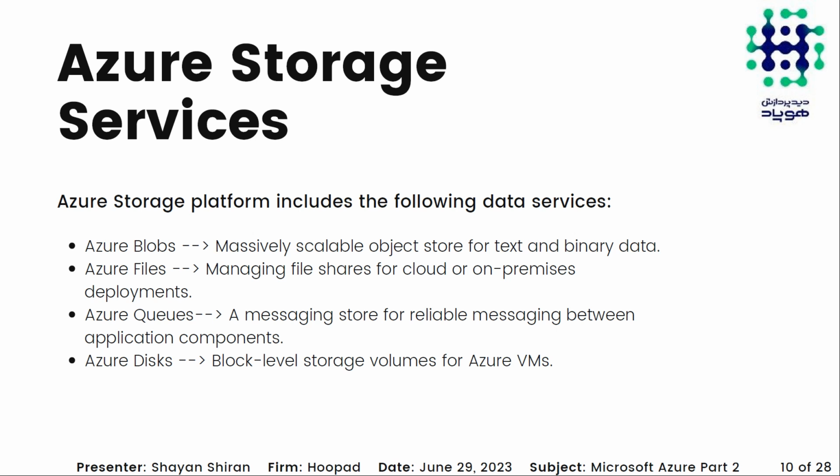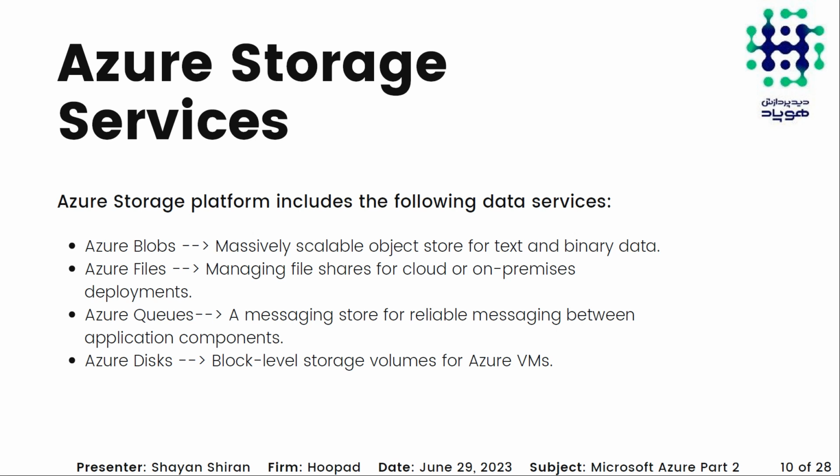Azure blobs are a massively scalable object store for text and binary data, and they can be used for big data analysis, which Microsoft also recommends for this kind of service. And it uses another service. I just don't remember the name right now, unfortunately. But let's go to the next part.